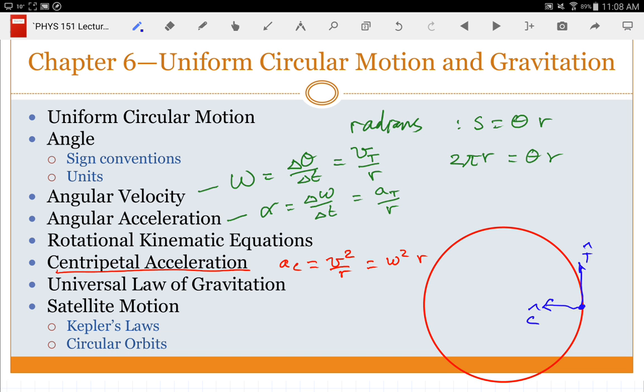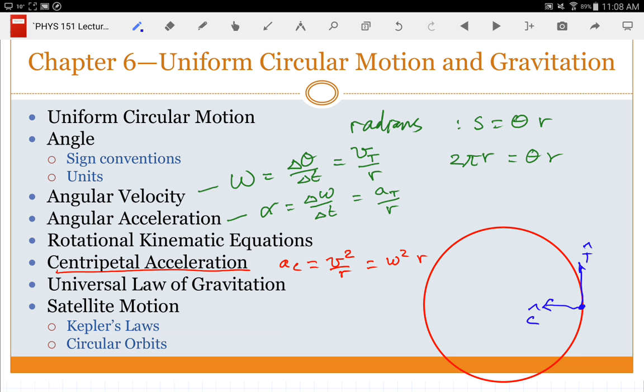So those are directions. If I'm working a problem where a car is going in a circle, what directions should I choose for my x and y? Going toward the center of the circle should be one of them. So you would want to set one toward the center and the other perpendicular to that.